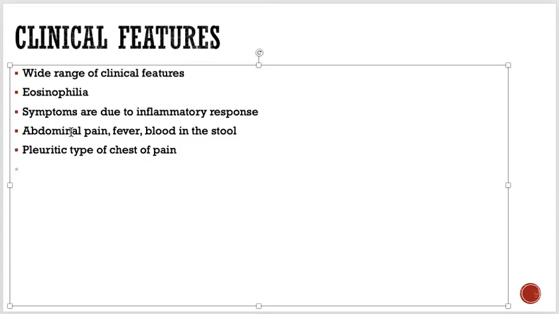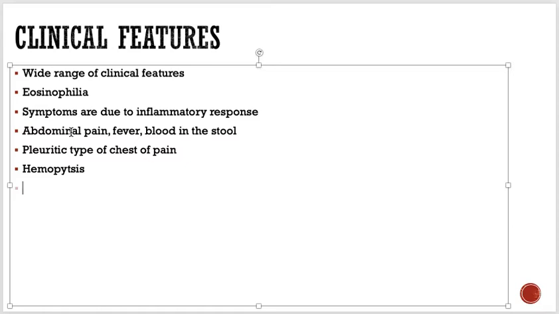Now the important thing over here: when it is in the lung, the patient can present with hemoptysis, okay? Blood in the sputum. Again, this thing makes sense. So you can say this is the most common pulmonary symptom in these patients.